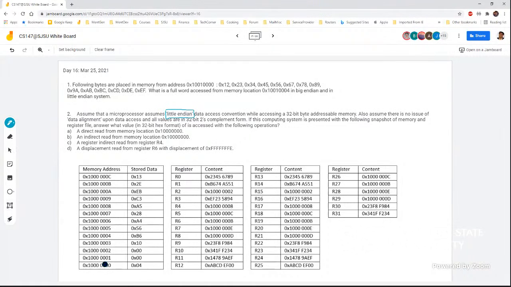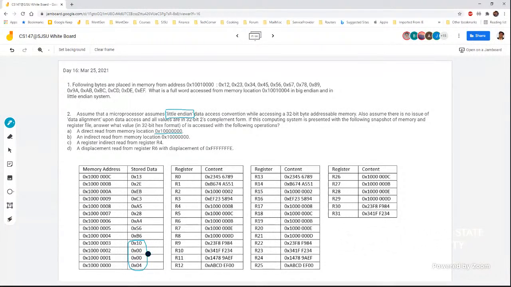And as Matthew told, little endian would be lower address is the least significant byte, and we are reading from this address, so that means we are reading these 4 bytes. We're assuming this is a full word access.